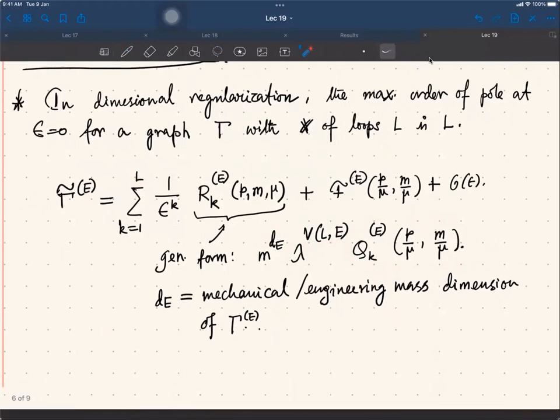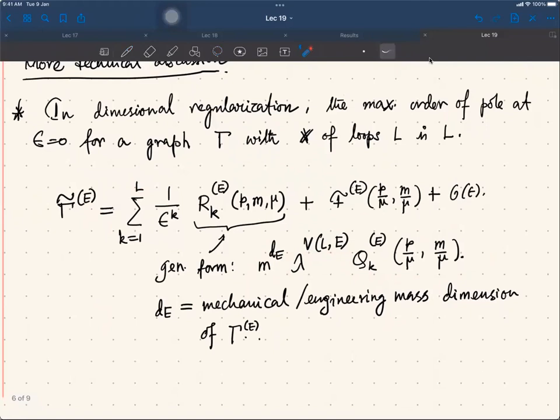That should be true also, I think, for the finite piece. So let me just change the equation slightly this way.